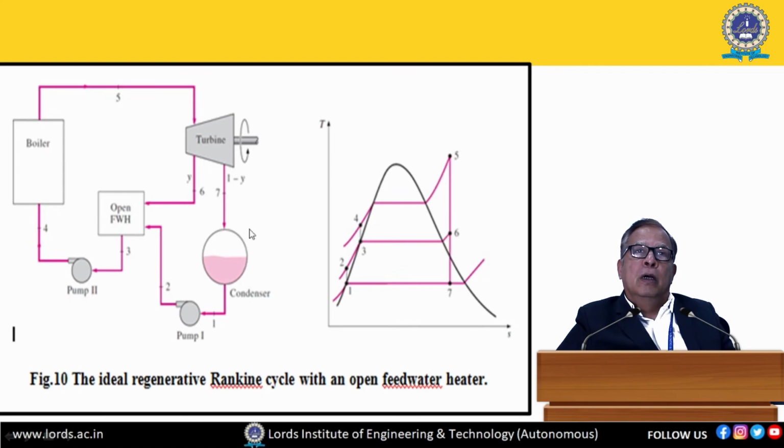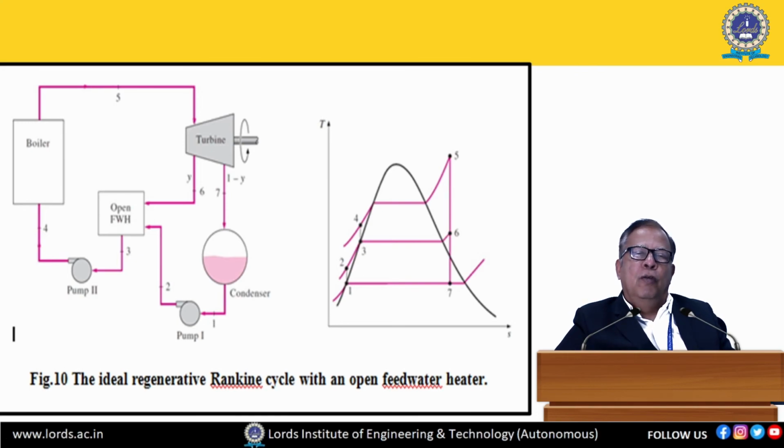Then the remaining part of the steam is expanded in the turbine, and finally it goes to the condenser, and then that condensed water is pressurized by the low pressure pump, and it pressurizes the water to the feed water heater pressure. Then this compressed feed water and the extracted steam mix together, and then the temperature of the feed water increases.